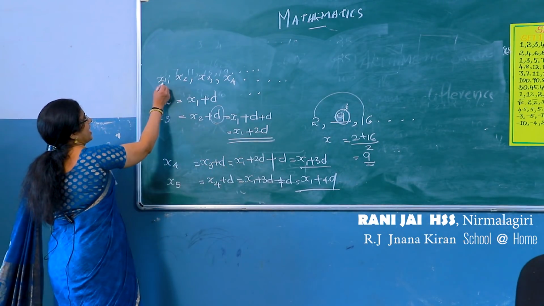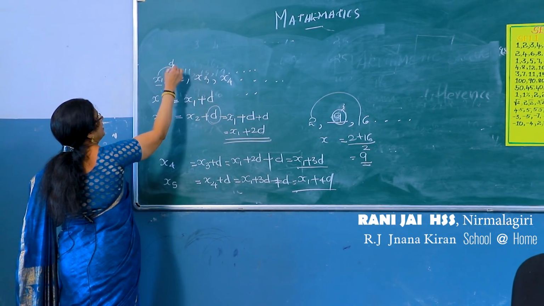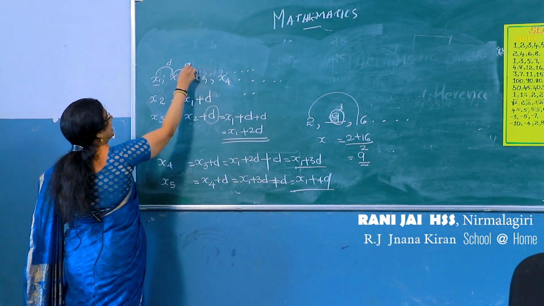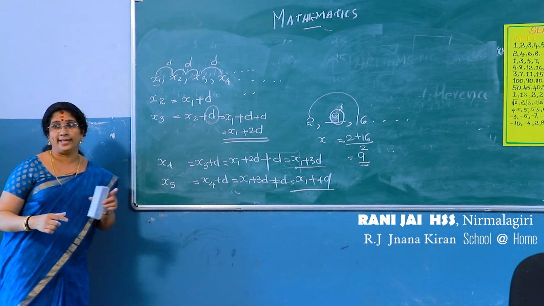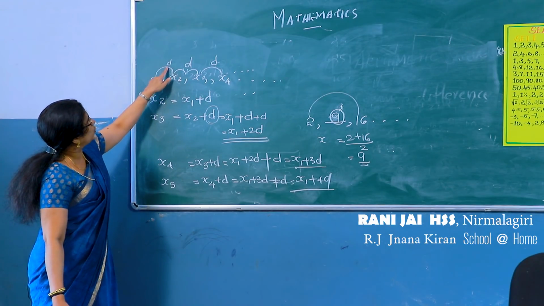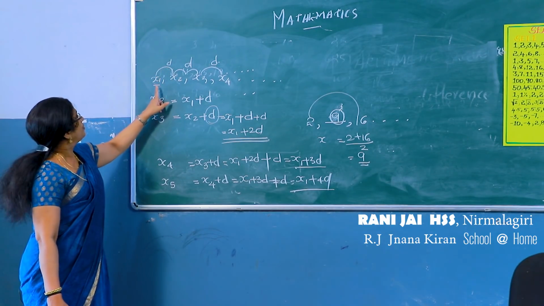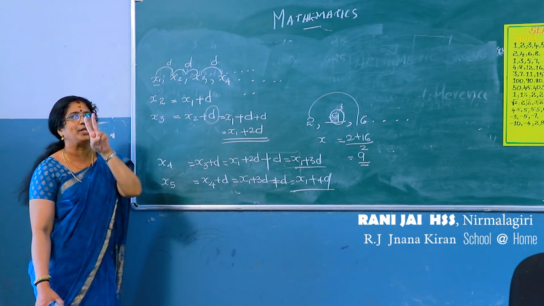x3 is x1 plus 2 times d. From x1 to x2 is one d, from x2 to x3 again one d. From x1 to x3 this d and this d, so 2d.